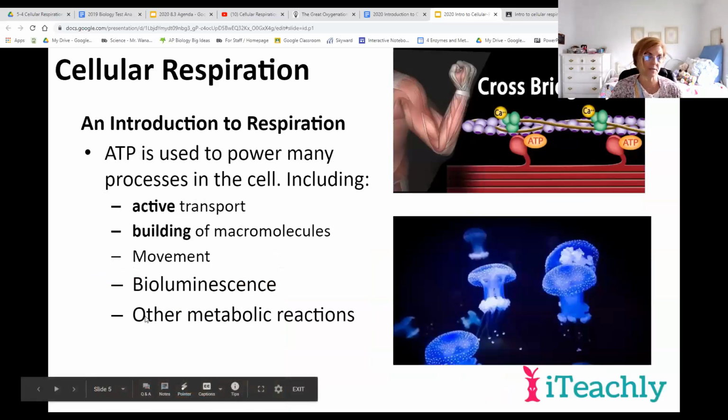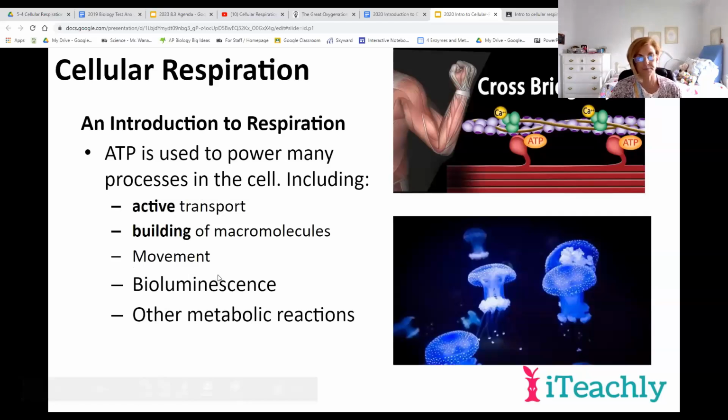So here's some of the things we use energy for. You guys identified a number of things. Active transport, we just talked about in chapter 7, moves molecules against their concentration gradient, right? So that's going to use energy. Building, you guys identified that in the chat box. Anything that's synthesizing is going to require some energy.